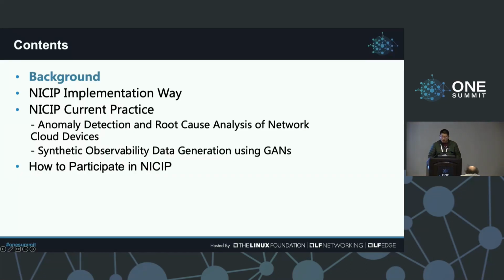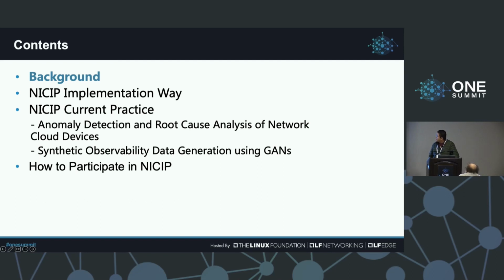Here we have the content outline of today's presentation. First of all, I will go through the background, and then I will talk about the 4 implementation ways to join this project. We also currently have 2 practices.